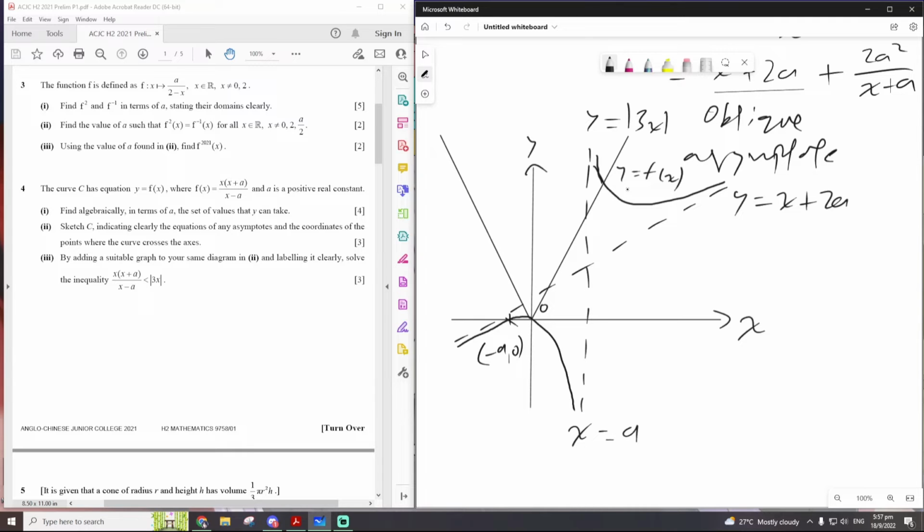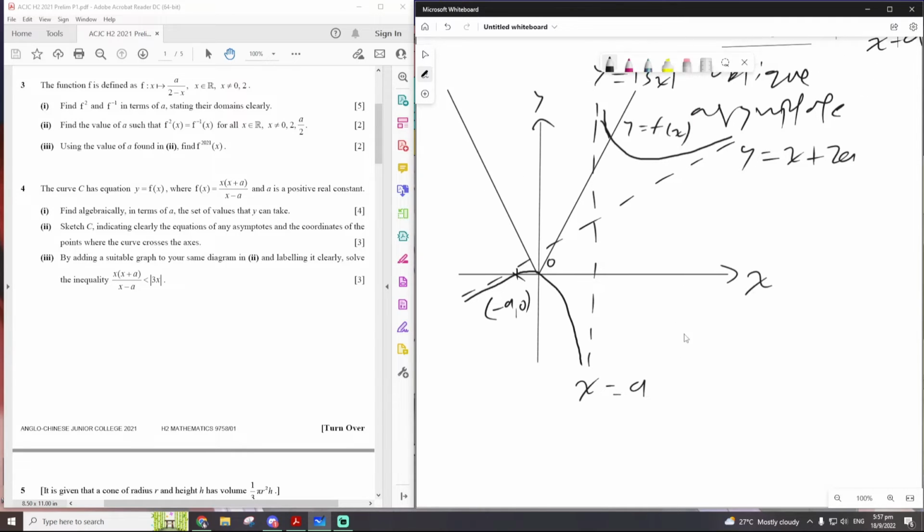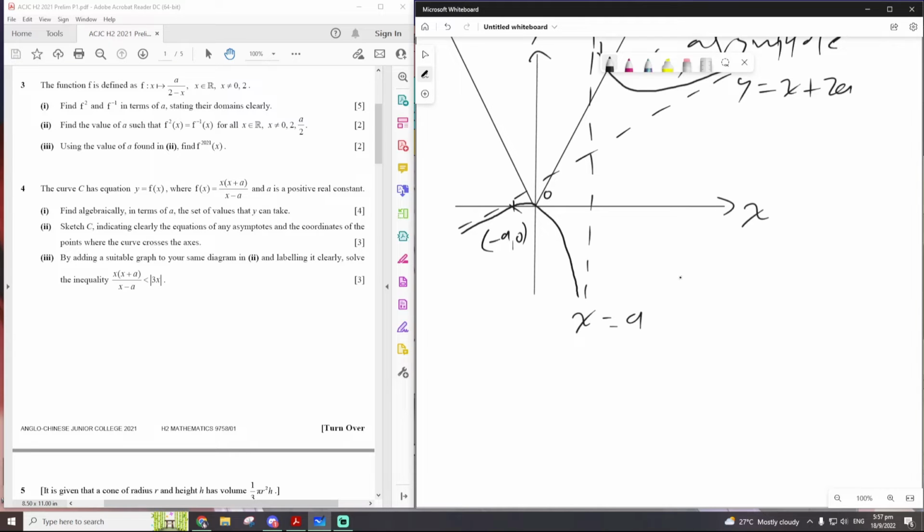So we need to find the intersection point here. So let x times (x plus a) divided by (x minus a) equal mod 3x. Okay, so of course it can be positive 3x or negative 3x.